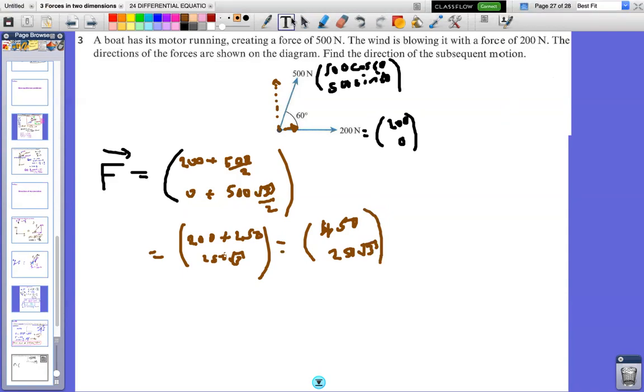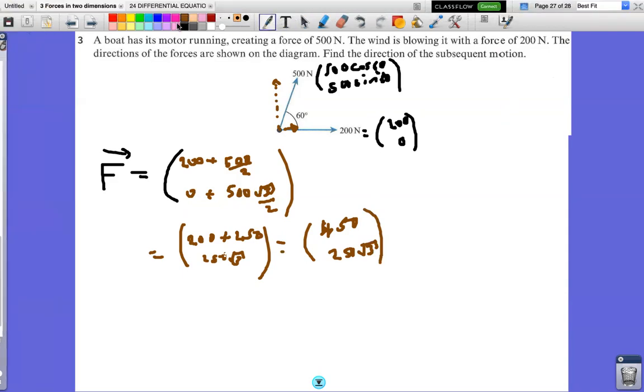And the direction of the resultant force, this angle, we need to calculate this angle.